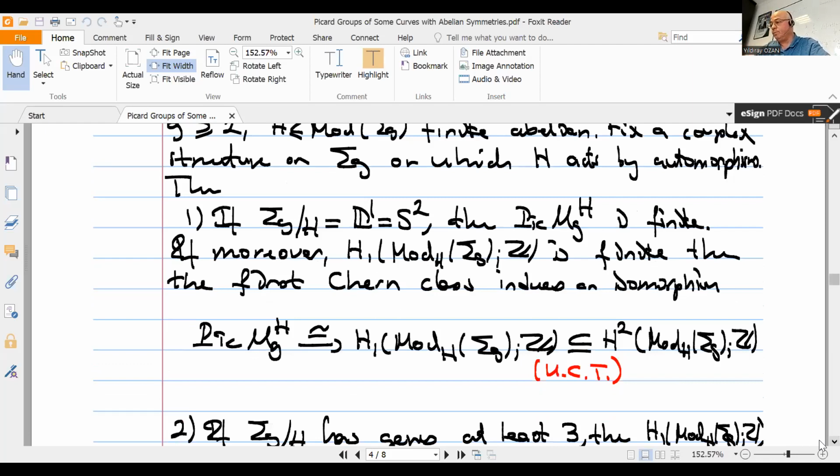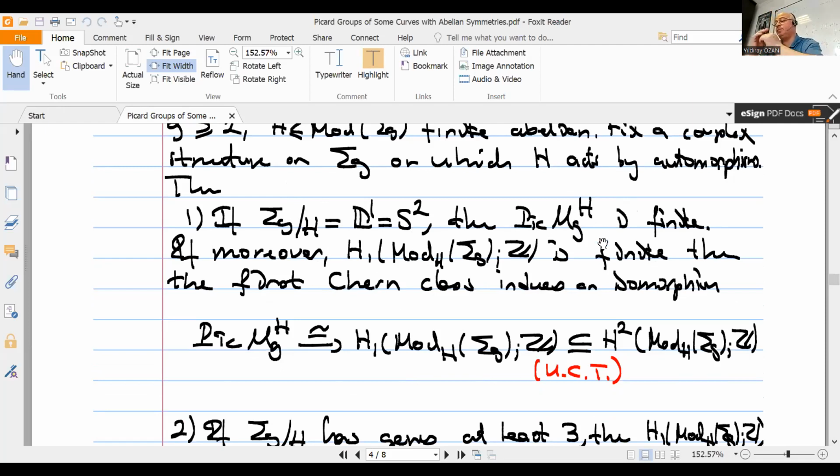The result of Kordek is the following. If the quotient of this surface by H is P^1, in other words, if it is the Riemann sphere, then the Picard group is finite.